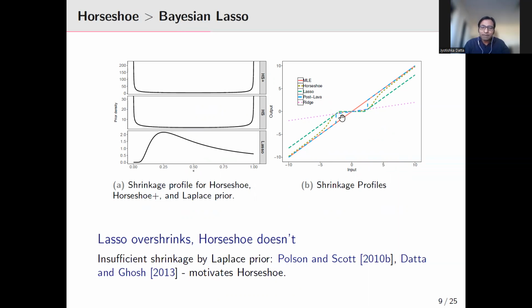And as a result, if you look at this profile, this is y_i versus theta_i hat, so input versus output. The horseshoe will shrink near 0, but then as the signal grows larger and larger, it will come back to the diagonal line. So for a large observation, the posterior mean should be close to the observation. But for lasso, there is a non-vanishing bias in the tails, which motivates the horseshoe.